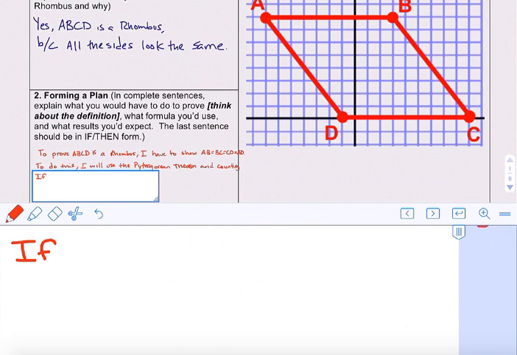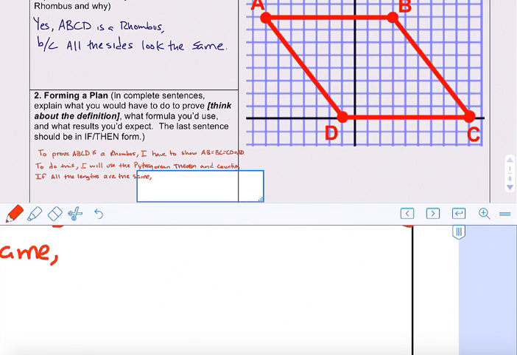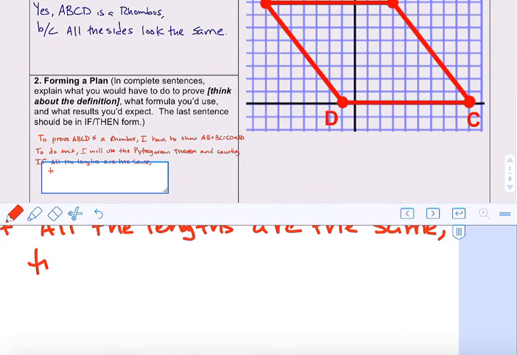And so, if all the lengths are the same, then ABCD is a rhombus.